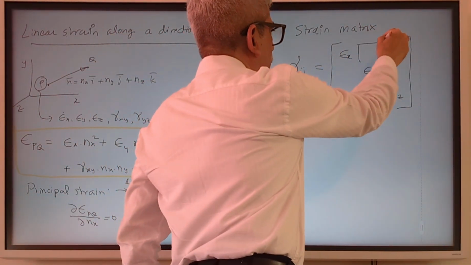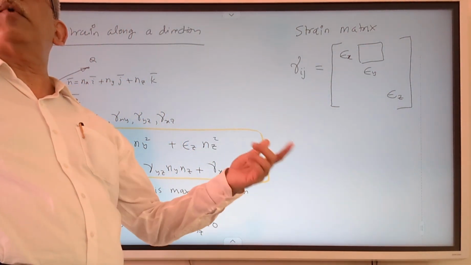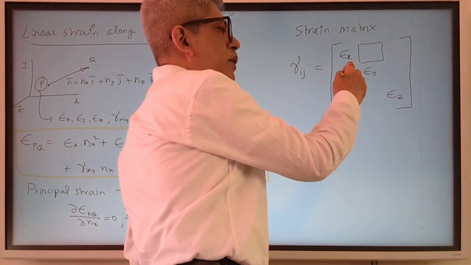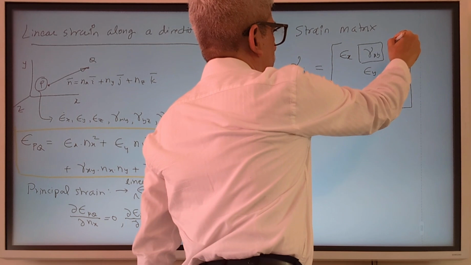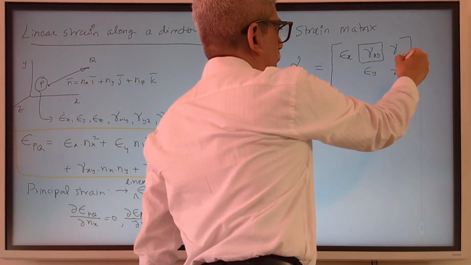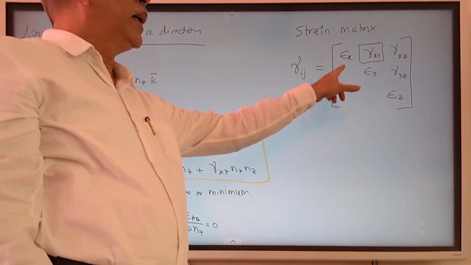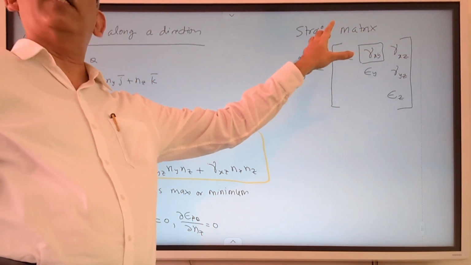Can somebody tell what shear strain component will come here? So gamma xy, gamma yz, gamma xz. Wherever tau xy is there, in this case it will be gamma xy. Here xz, and here it will be gamma yz. And these are the 6 unique numbers you require to define the strain state.